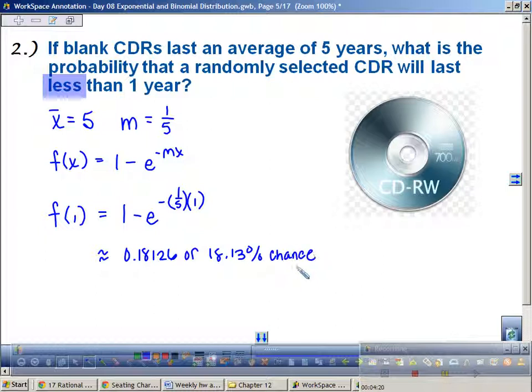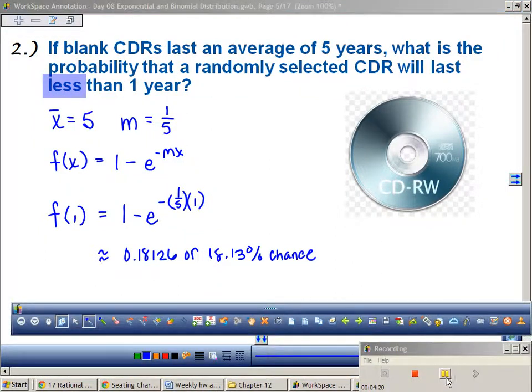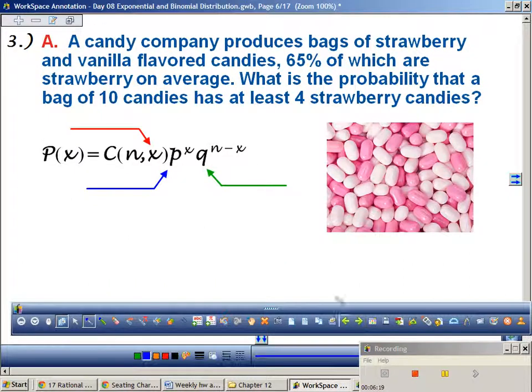Does 18% make sense? Average is 5 years, so how many would be less than 1 year? 18%. Give you guys a second to write that. All right, let's move on.